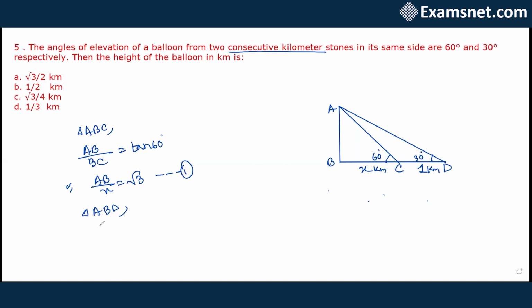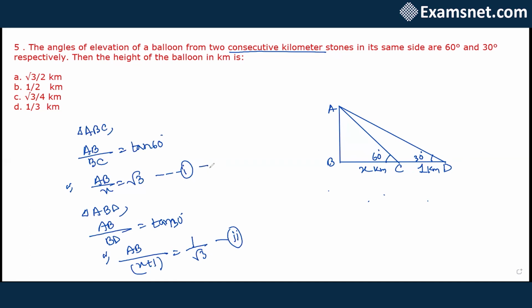So here AB by BD is equal to tan 30 degree. BD means BC plus CD, so X plus 1. And also we know the value of tan 30 degree is 1 by √3. Name it equation number 2.